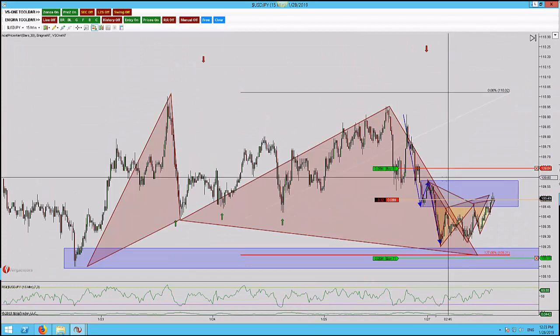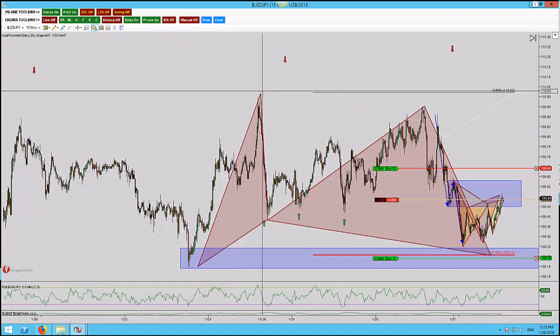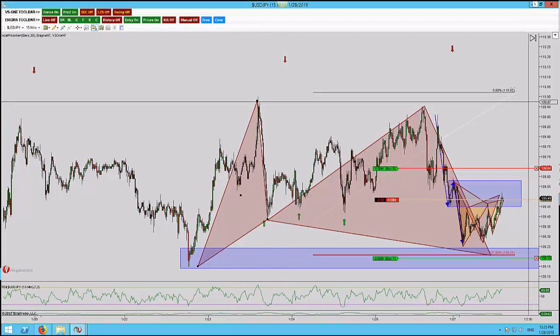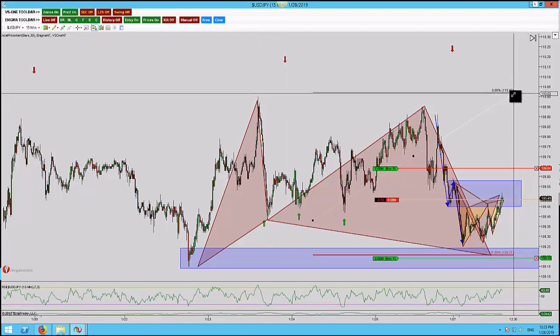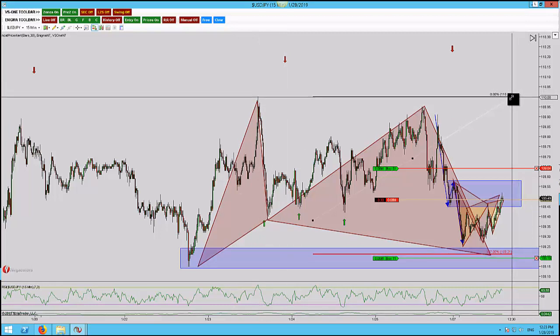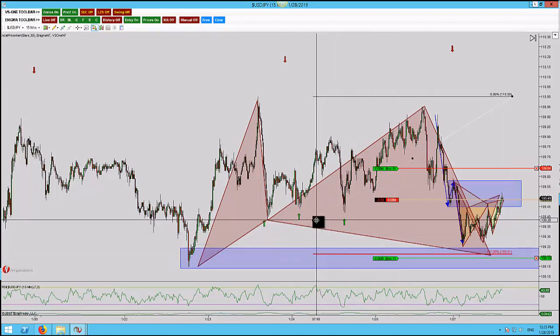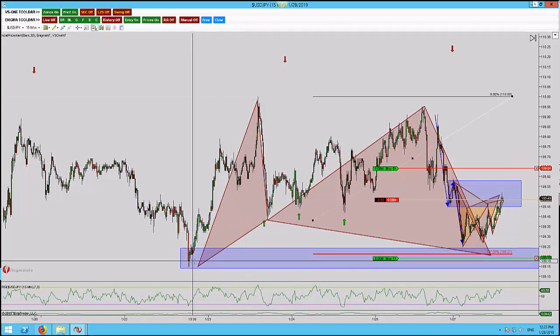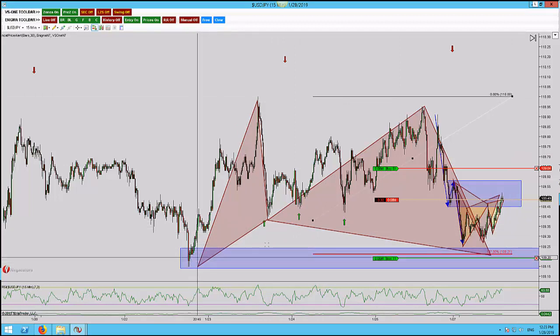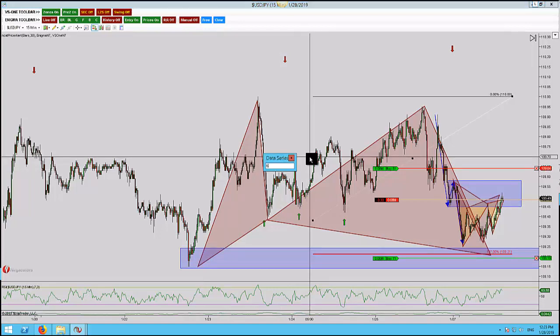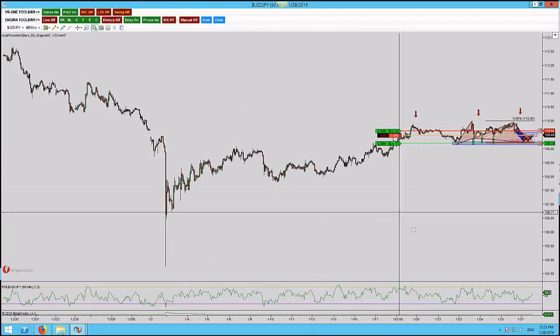We reposition this, okay. So that fib needs to come down a little bit to there. Okay, I'm just looking at the completion of the Gartley pattern. Let's just go out to the 60, let's look at structure.